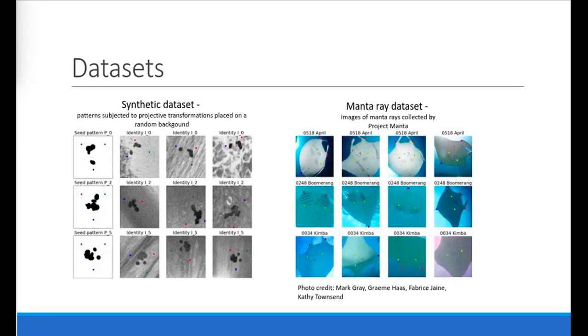On the right, there are examples of 3 identities from a manta ray dataset. Each row shows 4 examples for one identity. Images are manually annotated with 5 most distinctive landmarks: right eye, left eye, outer corner of the 5th right gill, outer corner of the 5th left gill, and tail.